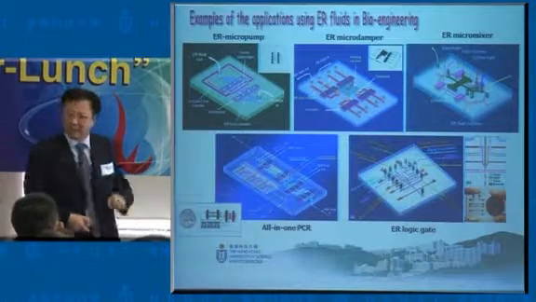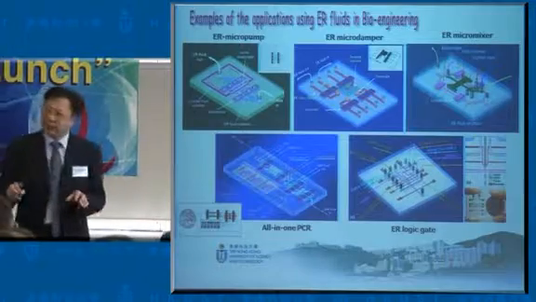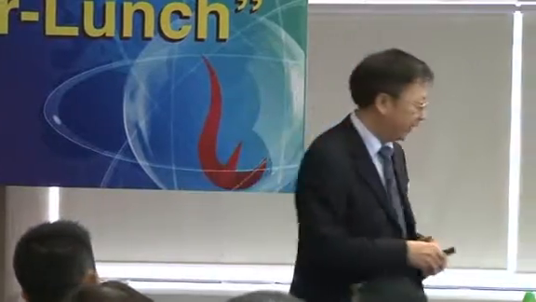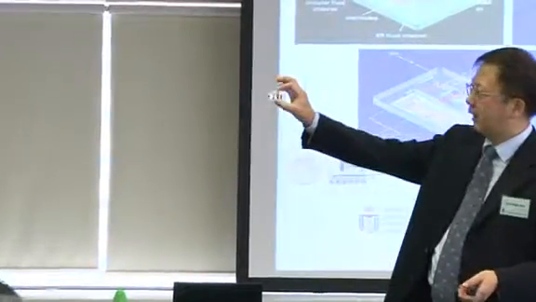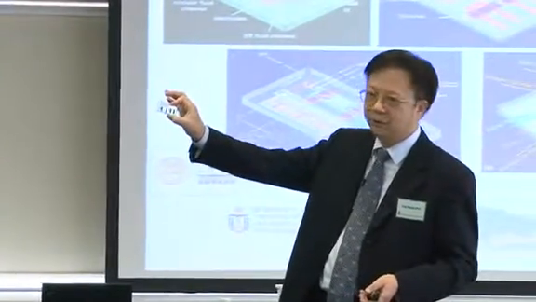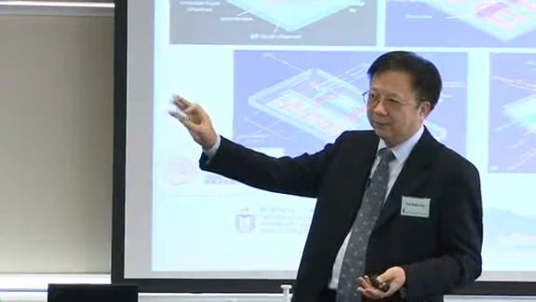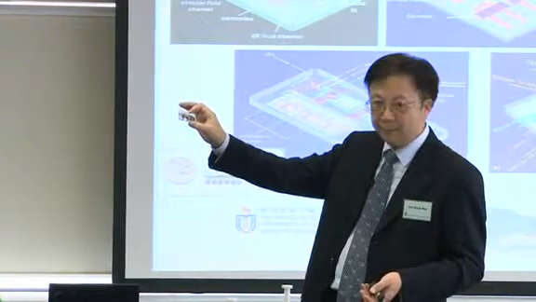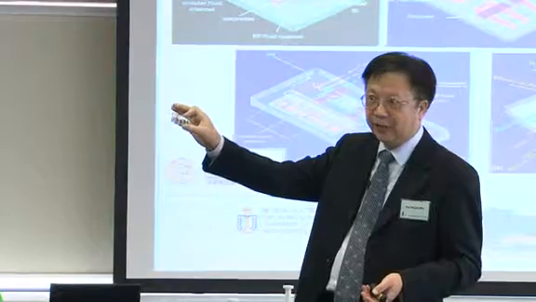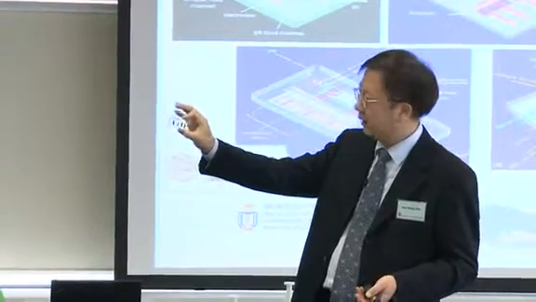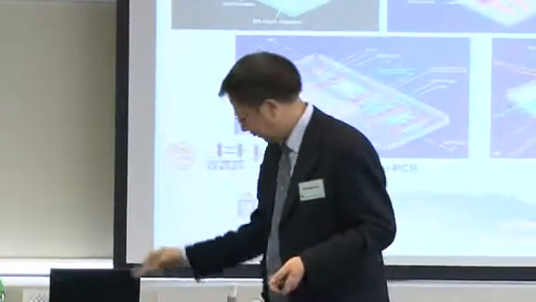This is an ER gate. An ER gate looks like an electronic gate. So here's an ER PCR. PCR is very useful for biomedicine or detection of DNA. So it's an ER chip that uses ER fluid.